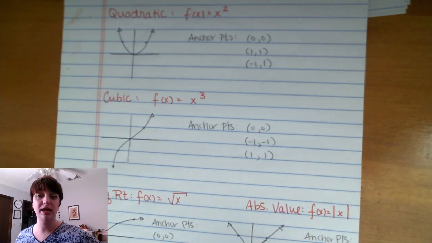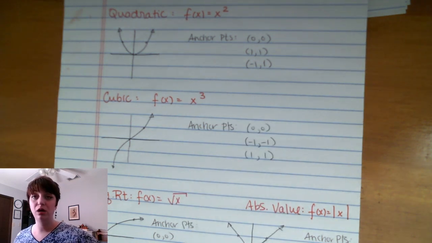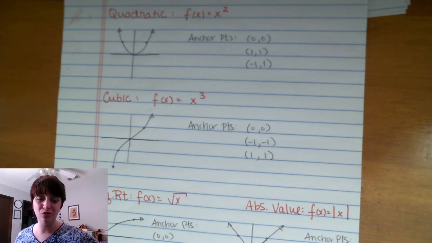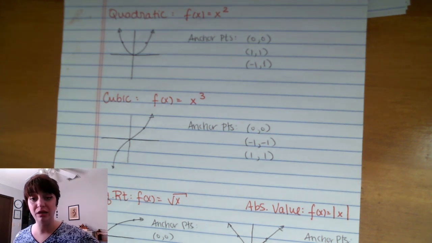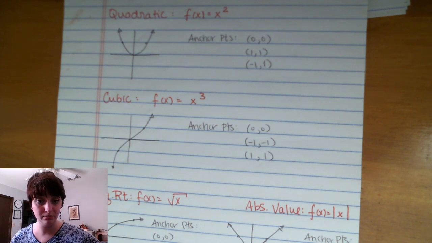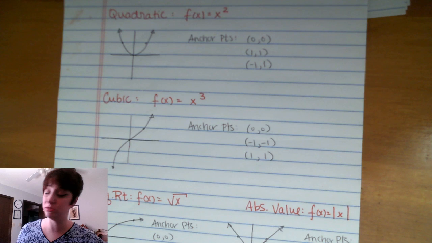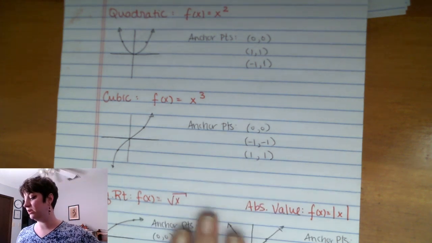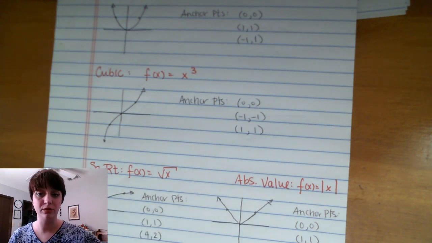I use anchor points in order to do my transformations. If you Google online, or if you ask someone in another section, or if you do tutoring and you say anchor point, they might not know what you mean because that's a word that I made up. That's like trademark me. I'm the one that says anchor points. No one else says that. But it's just the points that we're going to start with, and then those are the things that we're going to move around with our transformations.